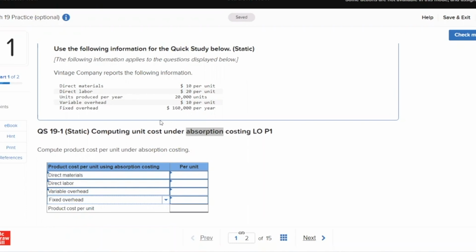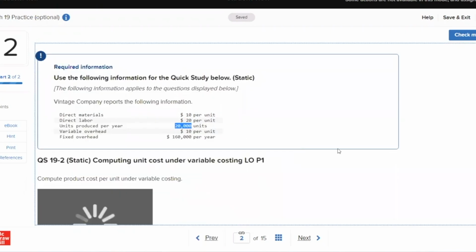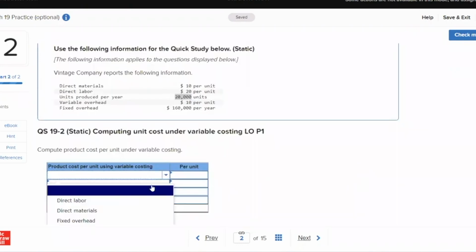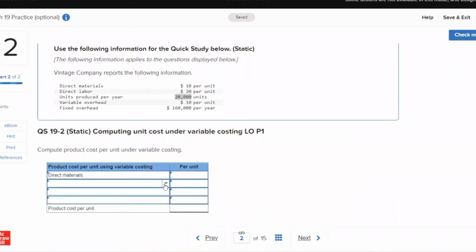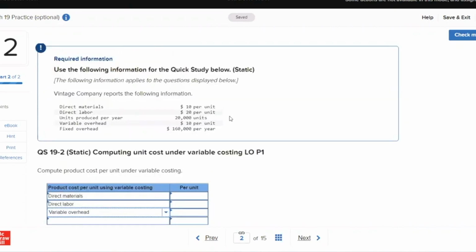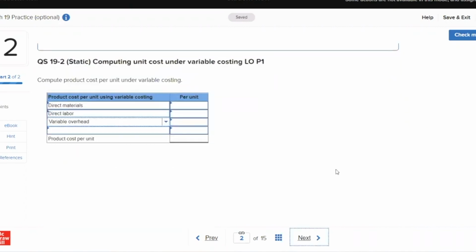As far as fixed overhead, you just take that number, fixed overhead divided by the units produced. Then they ask you the same thing under variable. It's just this simple: direct materials, direct labor, and variable overhead only. So just don't put anything here, add them up and you've got your answer. Those first couple are really easy.